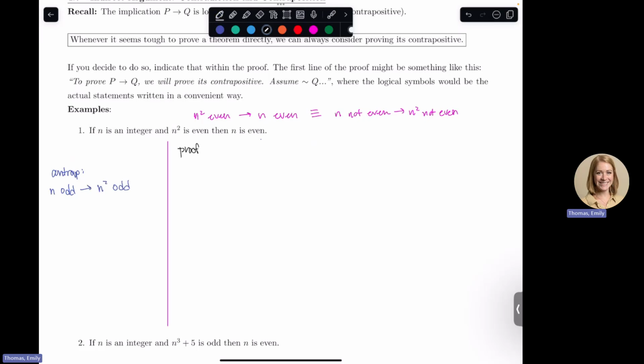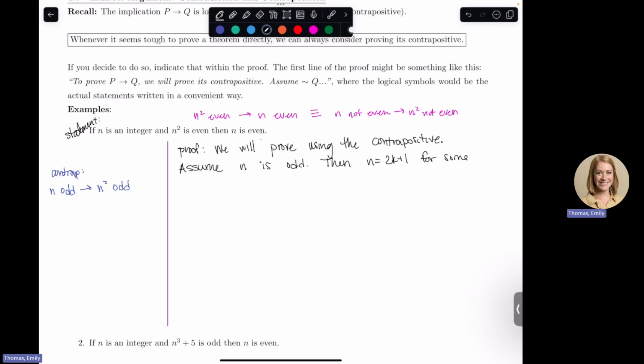Proof. We will prove this statement here using the contrapositive. Assume n is odd. Then n is equal to 2k plus 1 for some integer k.